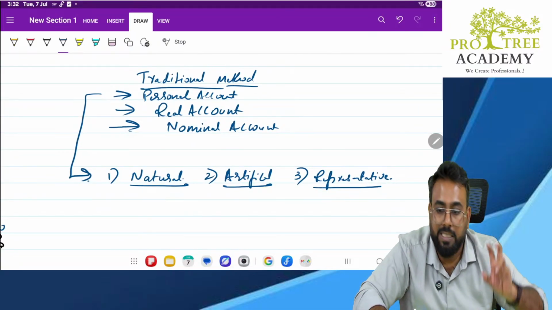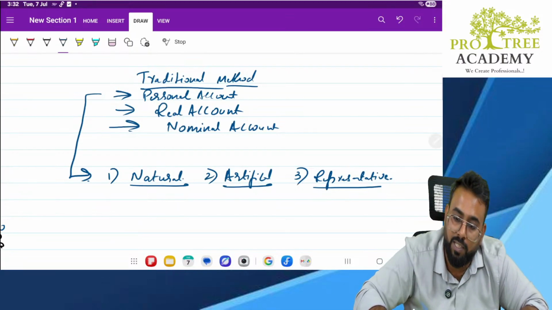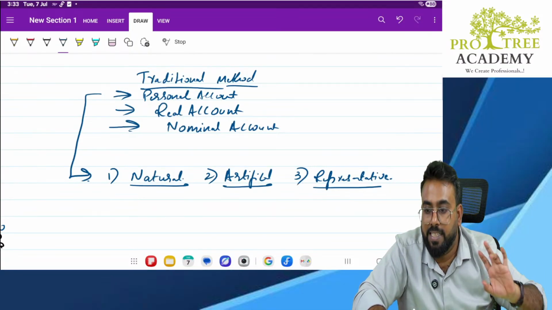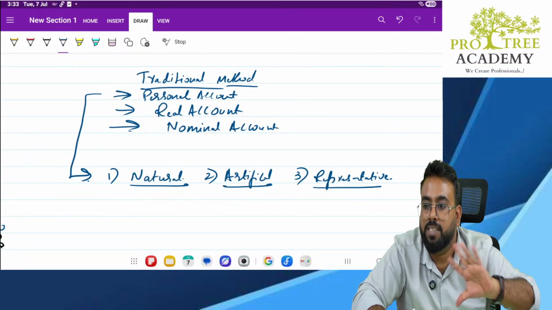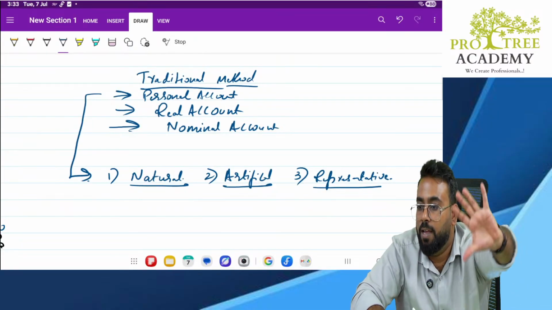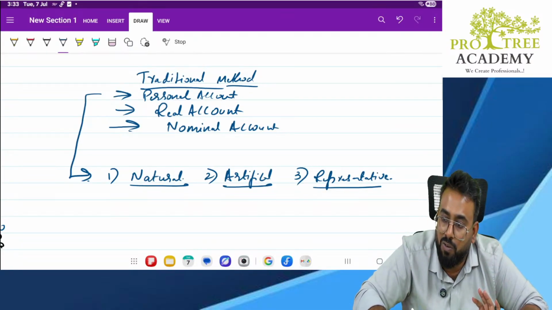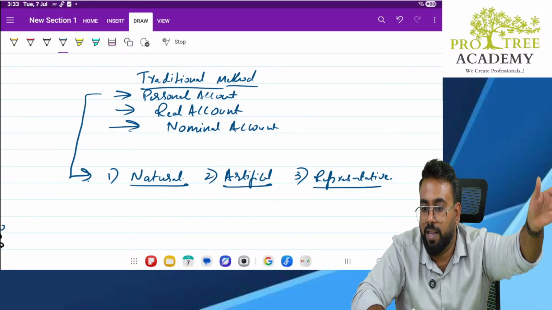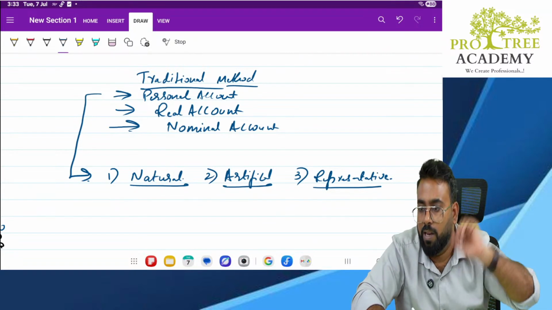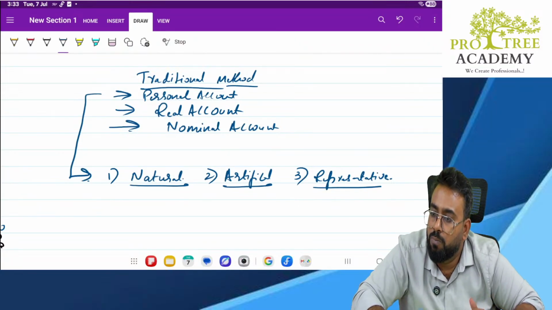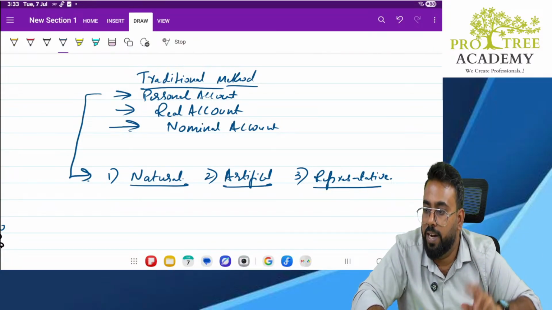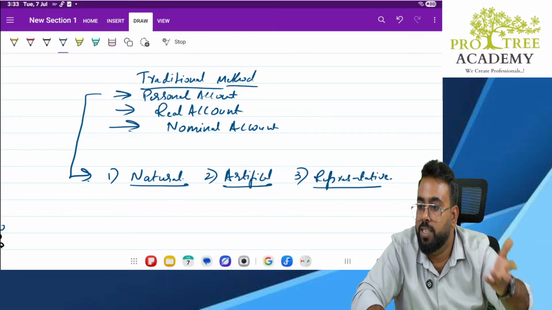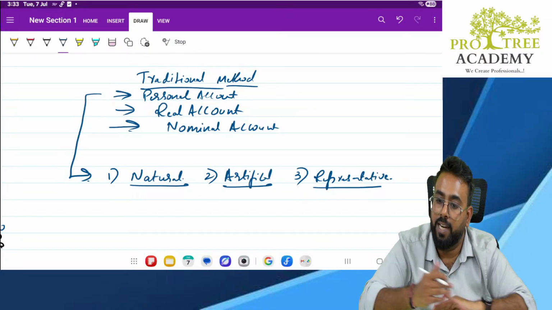It represents a particular group. For example, salary payable. Salary payable represents the entire group of employees. Correct or no? Or rent payable. So it represents whom? Landlord. Instead of using the name of the landlord, I am using rent payable. So it is representing the landlord.